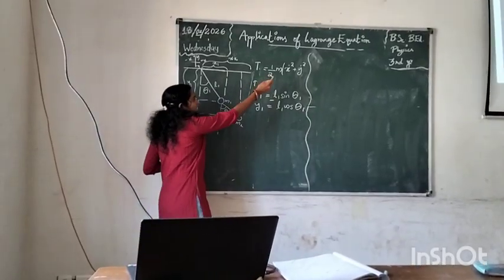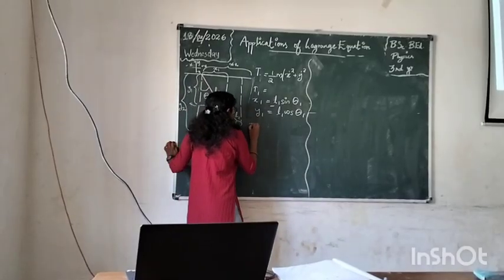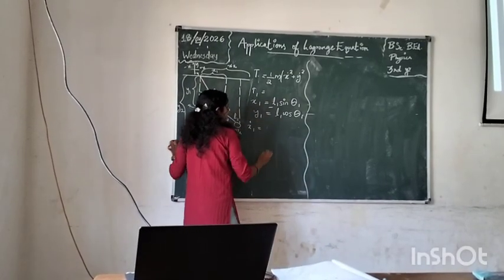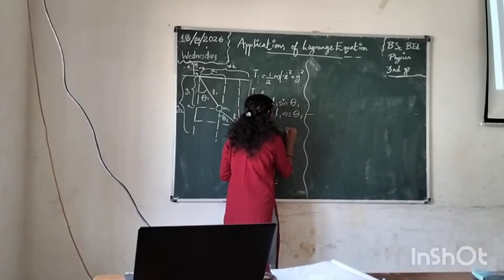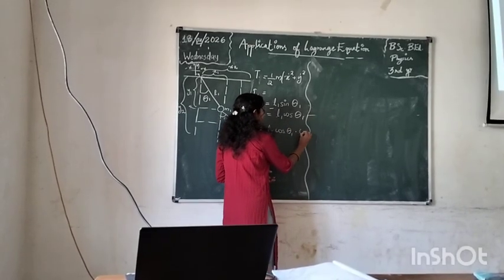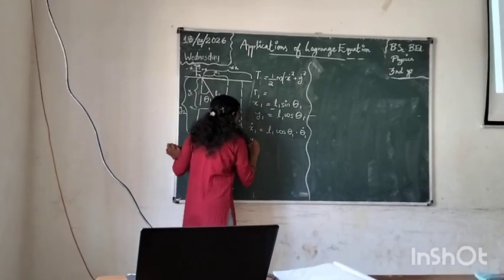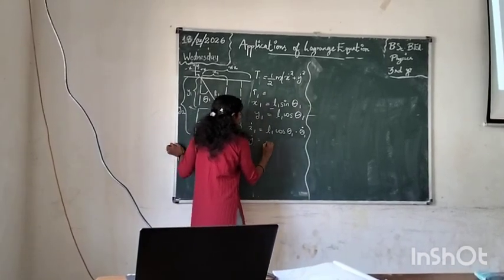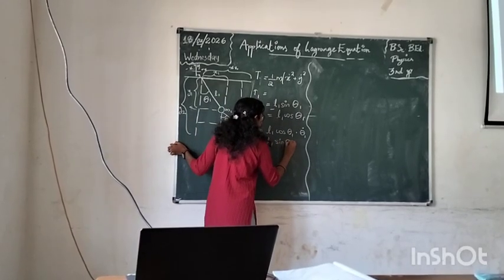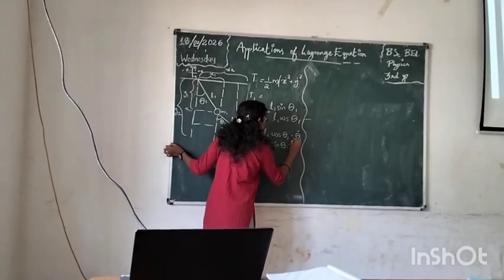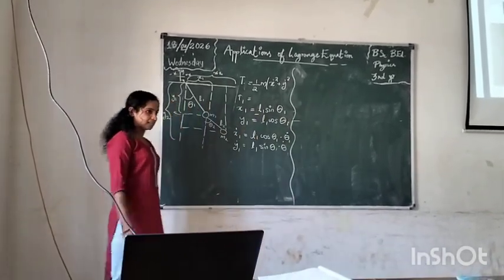Now we are finding x1 dot and y1 dot. So what will be x1 dot? It will be L1 cos theta 1 into theta 1 dot. In the same way, y1 dot will be L1 sin theta 1 into theta 1 dot. The minus and the minus for this term get cancelled.